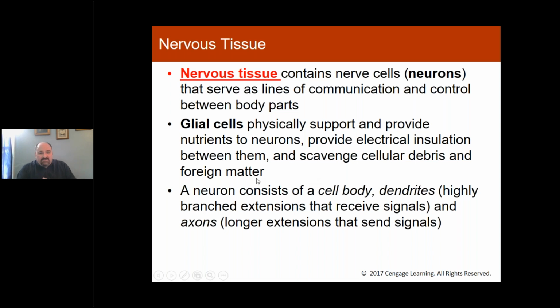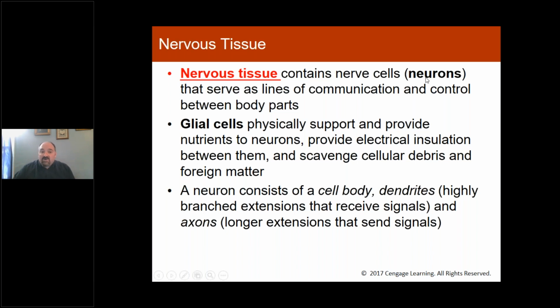There are specific types of glial cells. I'm not going to go into that in detail because, like I said, it's not an anatomy class, but there's quite a bit of diversity in the types of glial cells, and they have specific jobs in what they do.